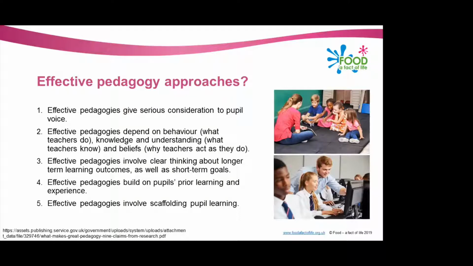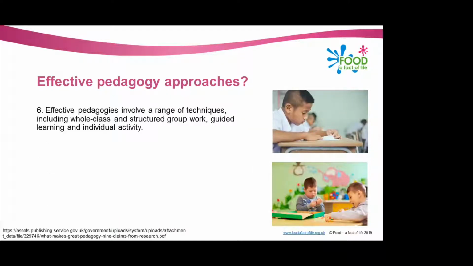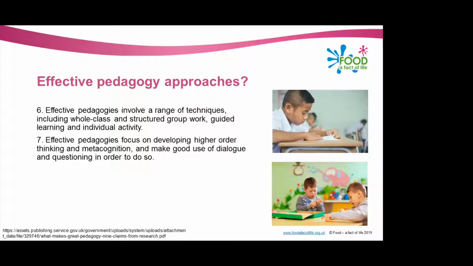And that scaffolding, so how we scaffold pupil learning, with that introduction, that consolidation, the application of that learning. Number six is that range of techniques, the whole class, structured work and so forth. So there are different learning opportunities with different styles. We've got that higher order thinking, which we're going to come on to in a sec, making good use of dialogue and questioning.